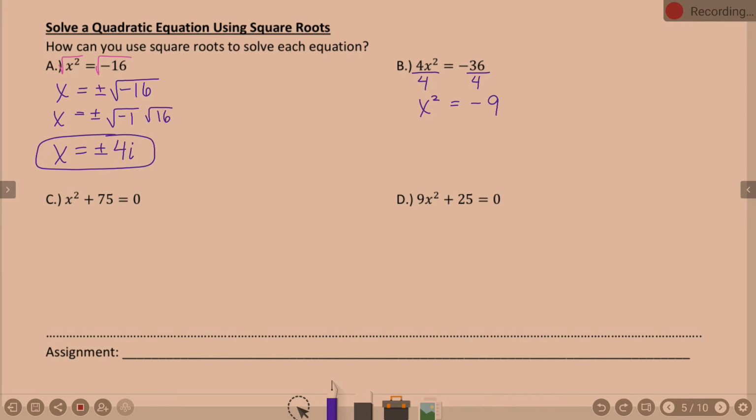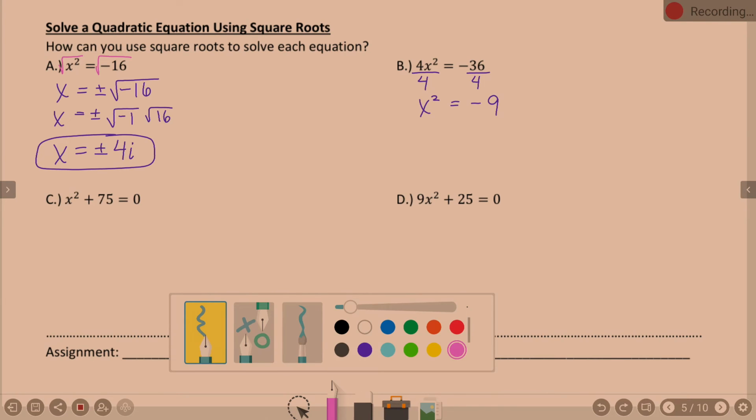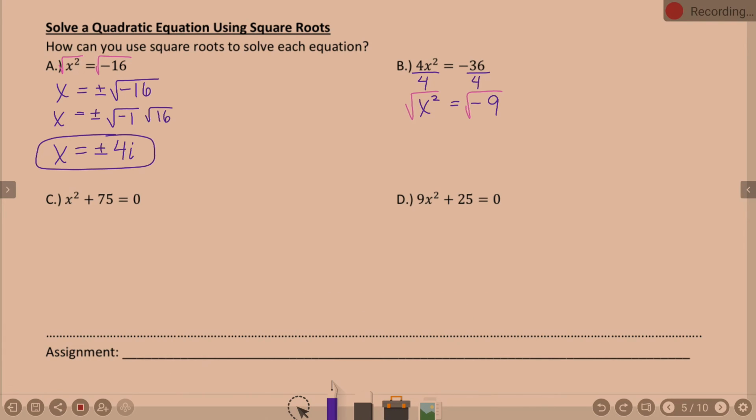I have x squared equals a number, so now I can take the square root. The square root of x squared is going to be x. What about the square root of negative 9? 3i. So we're going to have to say plus or minus, yes.